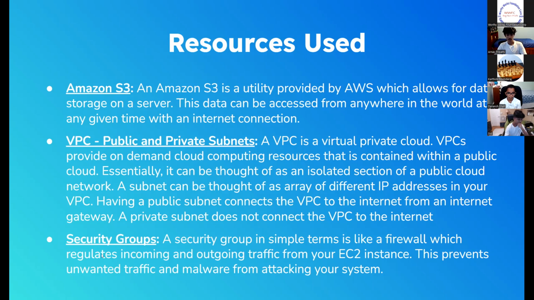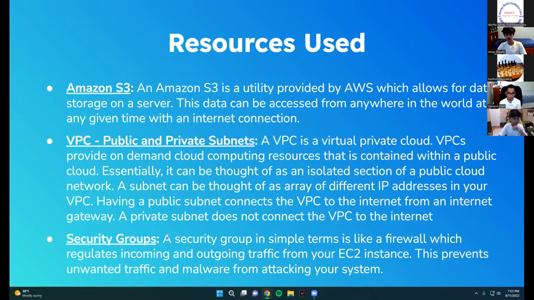Next is security groups. We didn't get into this yesterday, but a security group is another form of security in AWS. It's basically a set of terms that you can lay out, and they act as a firewall which regulates incoming and outgoing traffic on your EC2 instance.